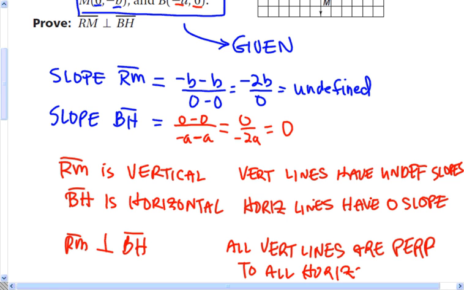And we needed that because our normal method for showing two lines are perpendicular, that they're opposite reciprocals or their product is -1, doesn't work when you have zero slope for one of them.